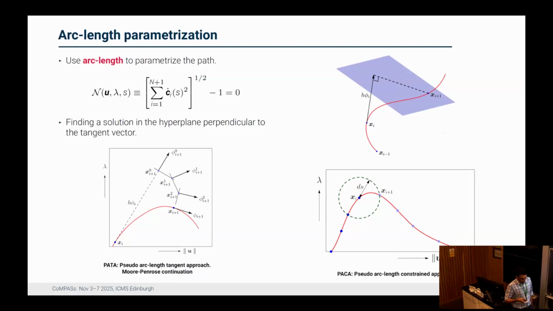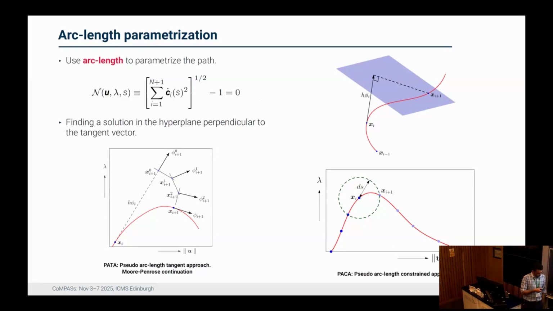So in order to follow through critical points, we use Keller's method of arc length continuation. So we have an additional equation to parameterize the arc length. And then we follow the solution, the equilibrium paths.